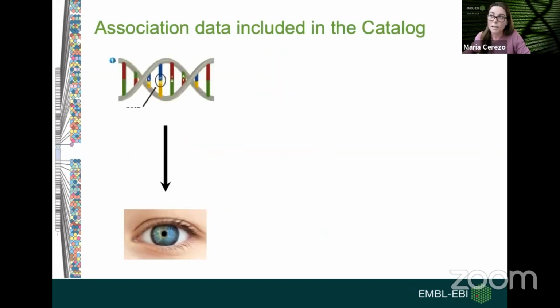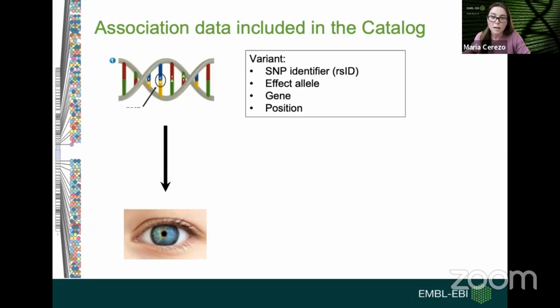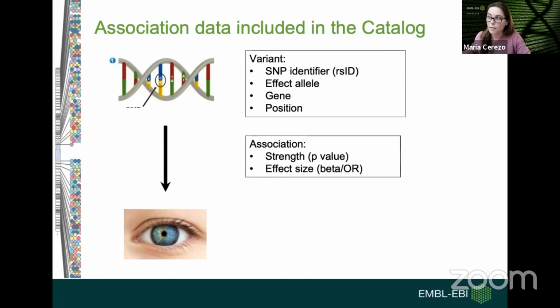When it comes to the association results for each one of the SNPs, what we extract for the variant is the SNP identifier, the effect allele, the gene, and the position. The mapping is done through Ensembl. Later on, we extract the association, as I mentioned before, the p-value, which is the strength of this association.